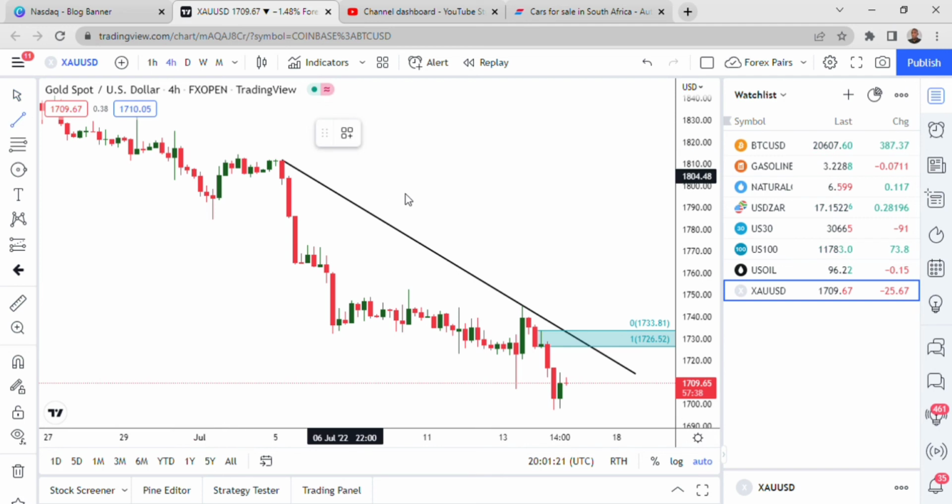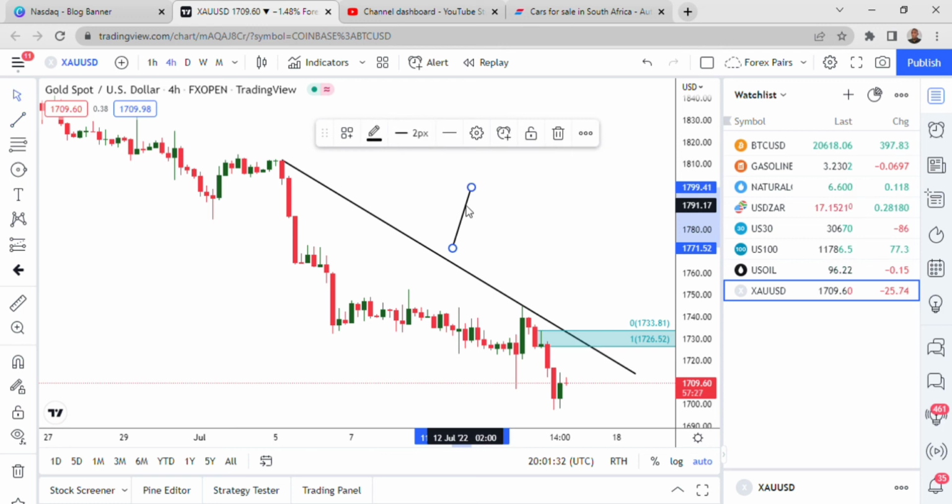Why? Because remember, the price does not move like this. When it's going up, it will form an impulse move, and then it will pull back before giving us another impulse move. If it's in an uptrend, it will be forming stuff like this. It will go up and then come back and then go up like that.